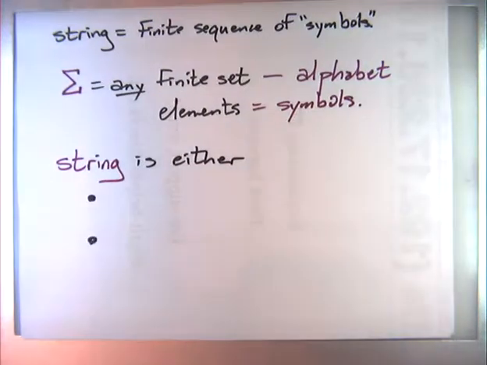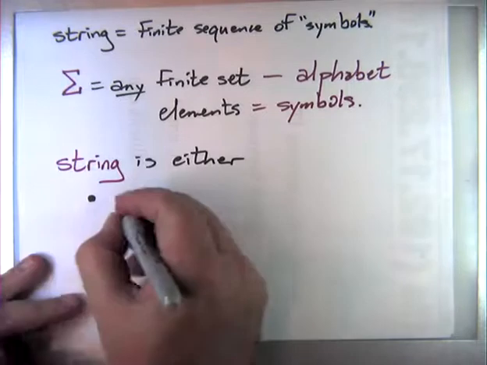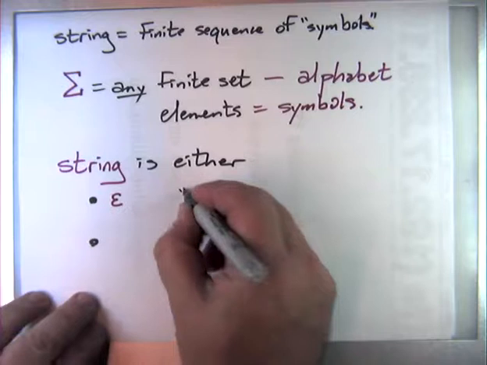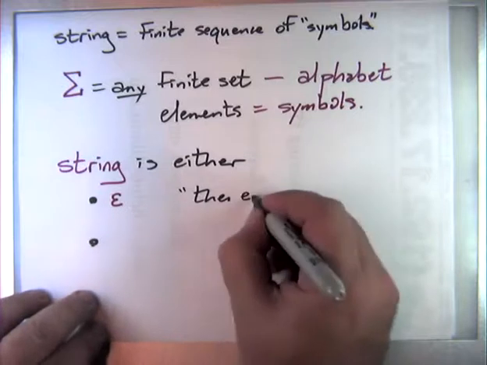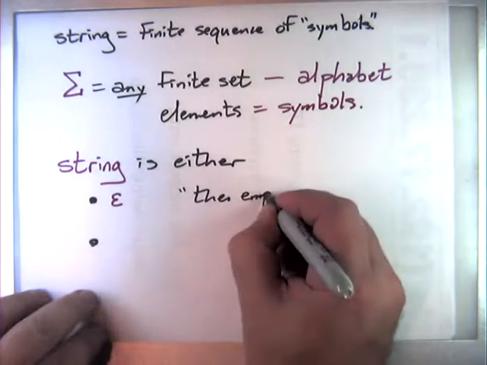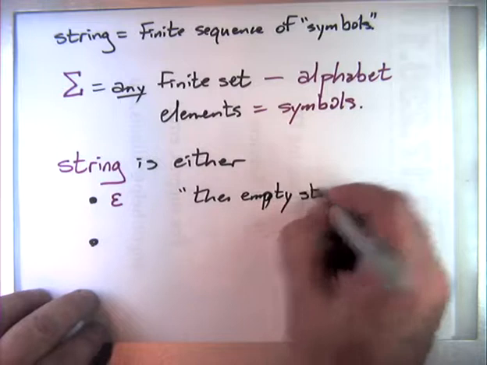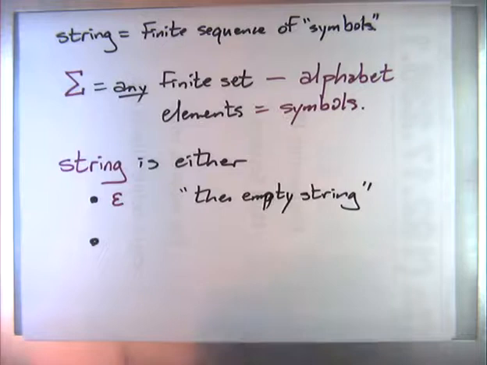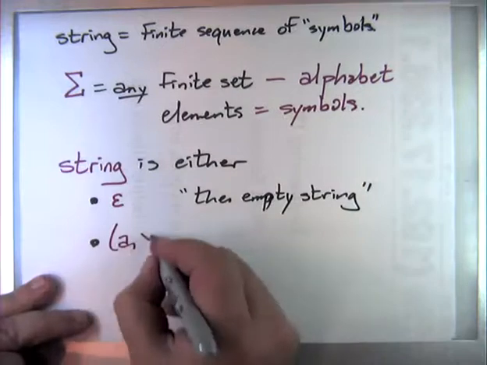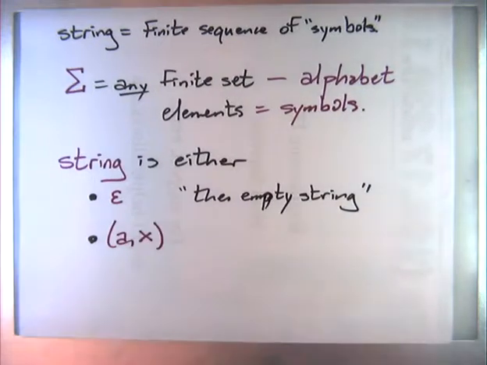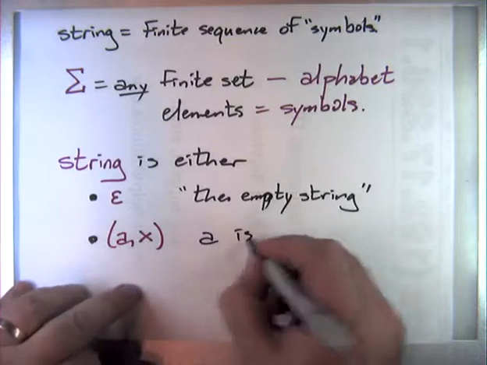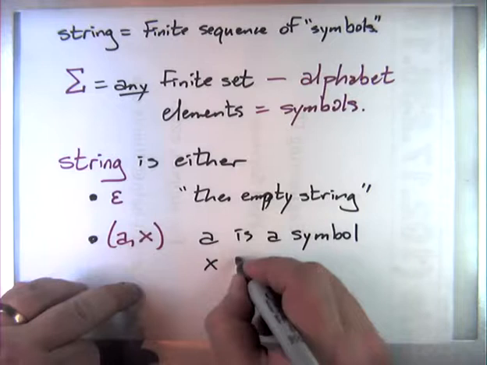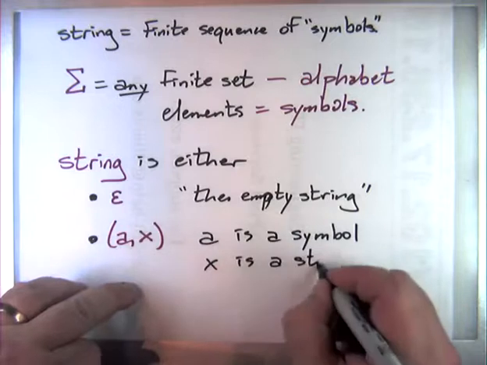It's either a special thing which we write as epsilon called the empty string, or it's an ordered pair (A, X) where A is a symbol and X is a string.